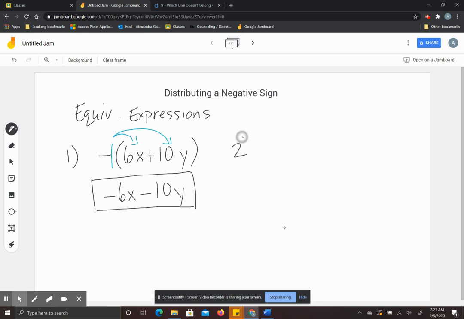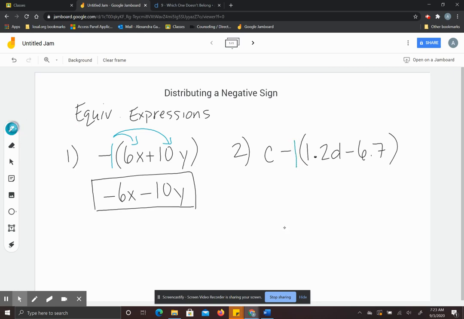Our second example is if we have a negative outside of the parentheses, but also having a term outside as well. So we're going to write in that -1 always. It helps us.